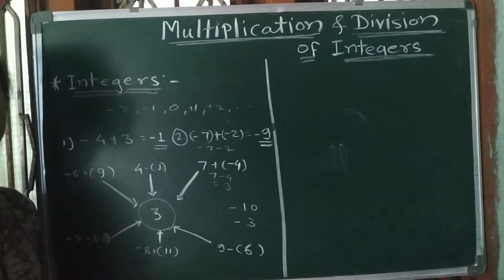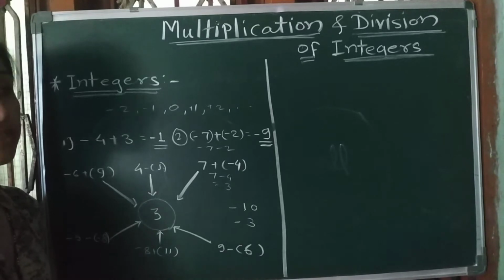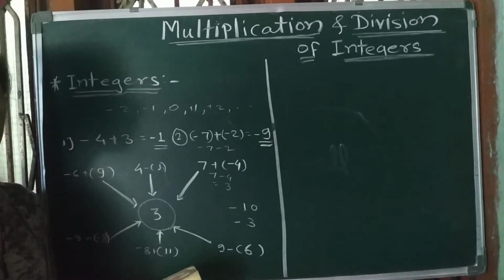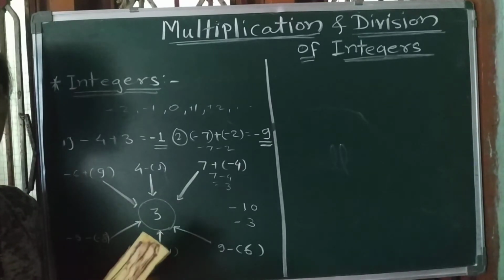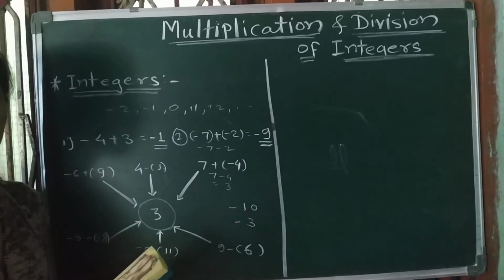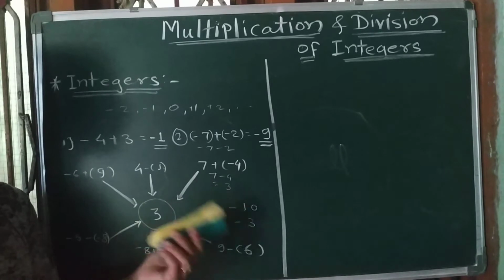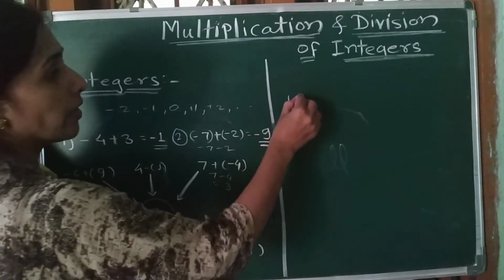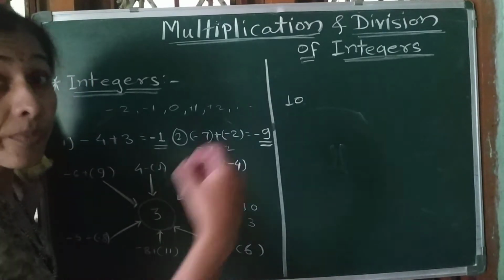You ask your friends, please give me some rupees so I can buy a pen. If you want to buy a 10 rupees pen, you take 5 rupees from friend A and 5 rupees from friend B, and you get the 10 rupees. But you have borrowed that 10 rupees from them.